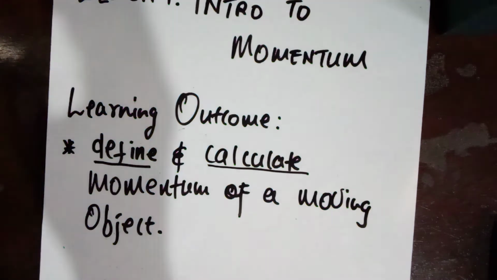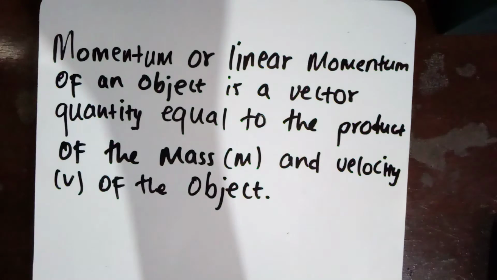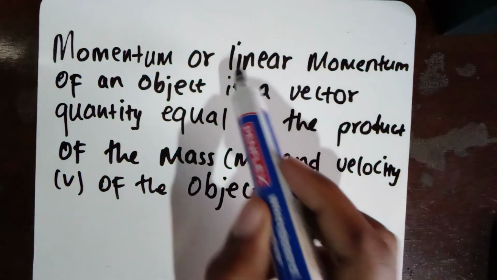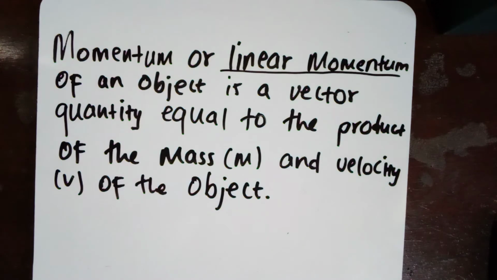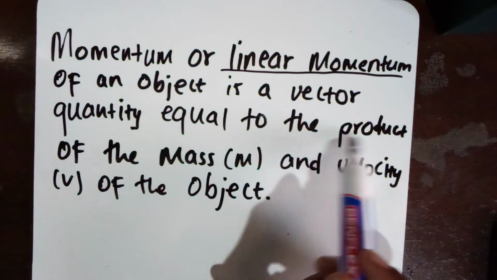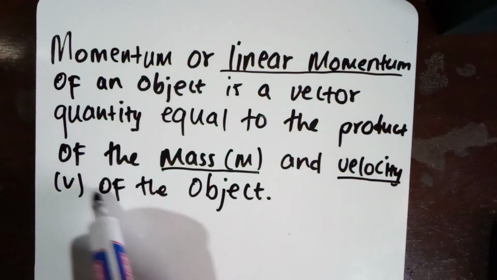What is momentum? How do we define momentum? Momentum, or what is referred to as linear momentum, is a vector quantity equal to the product of the mass and velocity of the object.